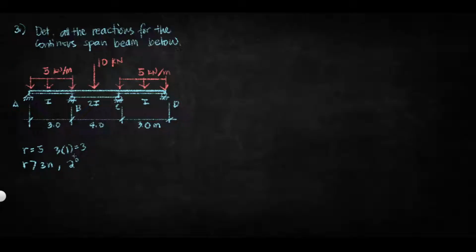So in the 3 moment equation, from the word 3 moment, we're going to only consider 3 points, 3 moments at a time. Okay? So how can we do that? It always starts at the leftmost points. So point A, point B, point C. Tatlo na yan. Yan yung unang i-consider natin na mga points.